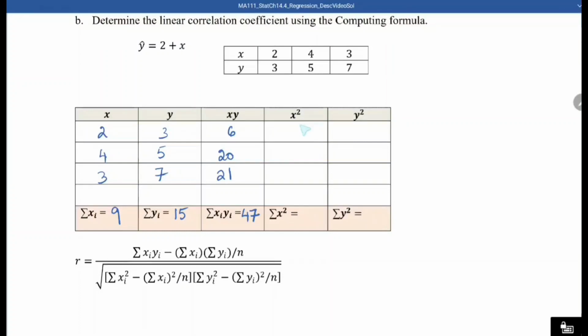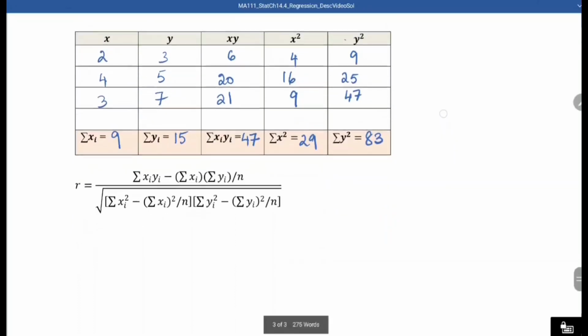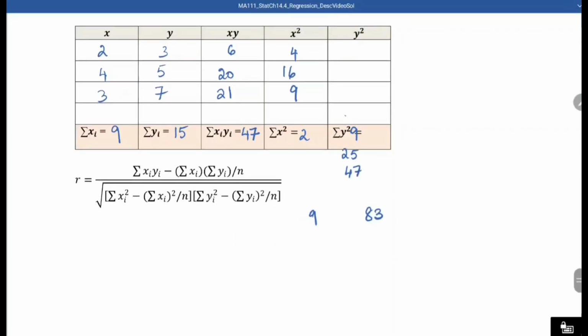Now for the x squared values, we square all the x values, 4, 16, and 9, which gives us a sigma x squared value of 29. And the y squared values would be 9, 25, and 49, which when summed up gives us 83. Now we have all the terms here.